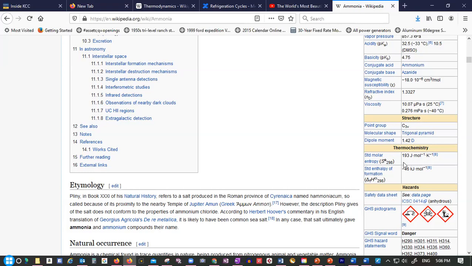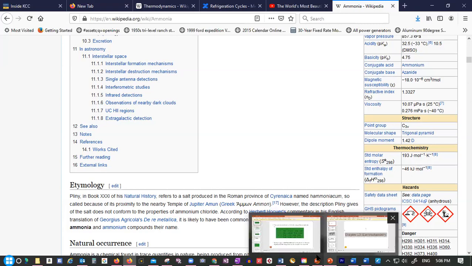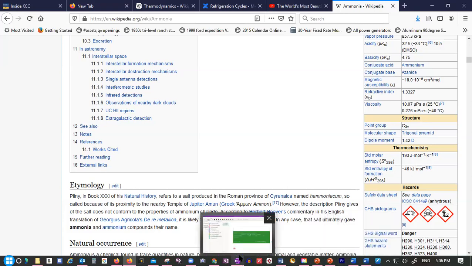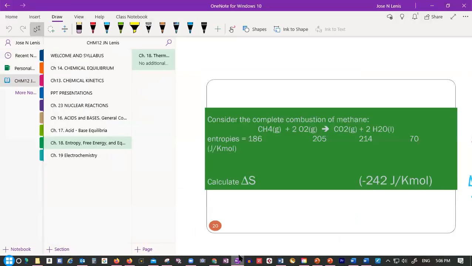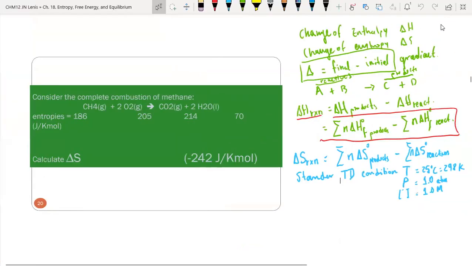Once you have those numbers, write them down on top of every substance in your chemical reaction. I'll show you how I like to do it to keep your numbers organized. So let's do this one.